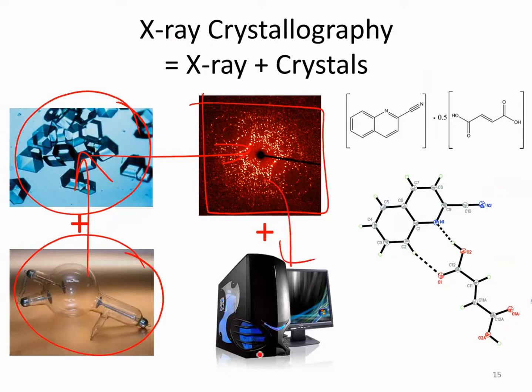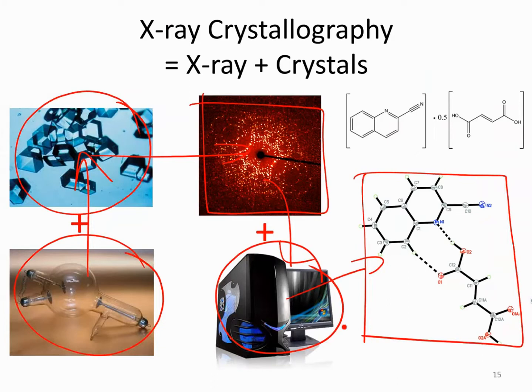Then we use a computer to do the calculation and compilation. Then, of course, it involves the refinement and some radial refinement, like what they call the Fourier synthesis, and so forth and so on. Then we obtain the structure like this.